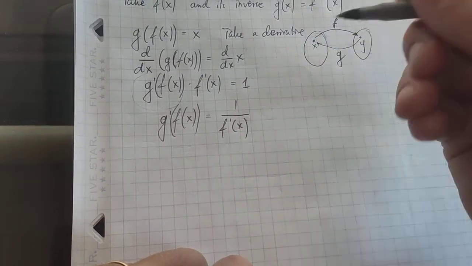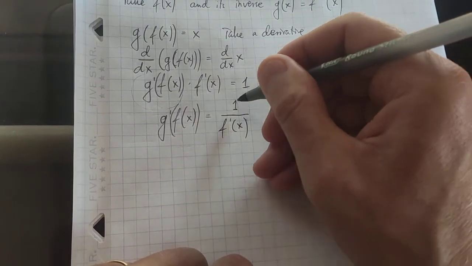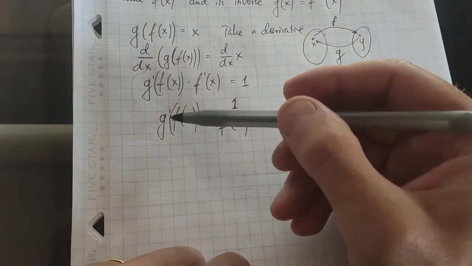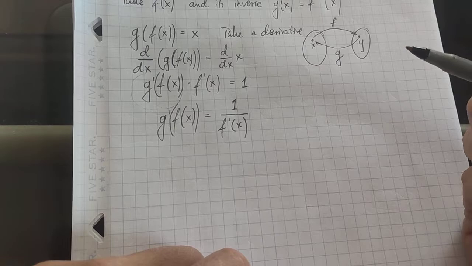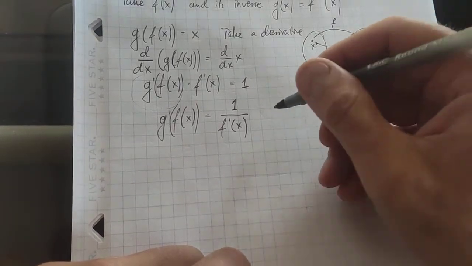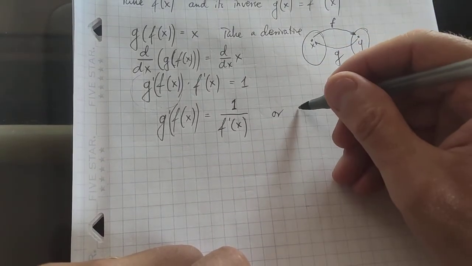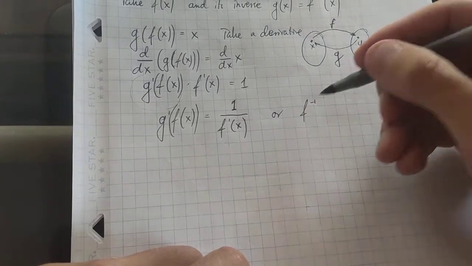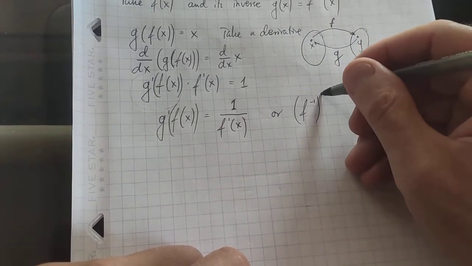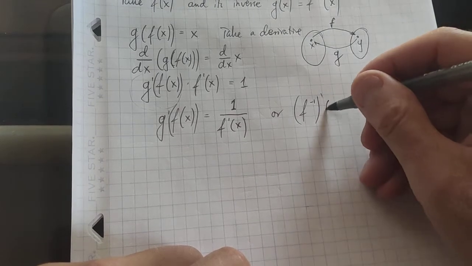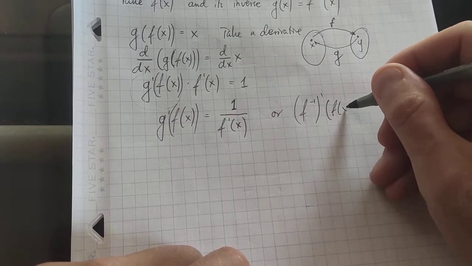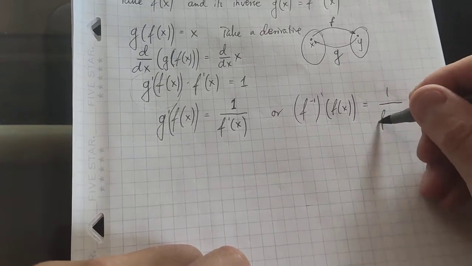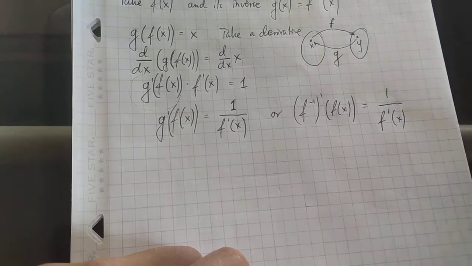Okay, so this is what we were after. Now we have a formula to find the derivative of the inverse. We could also write it like this, that's how it is in your textbook, I think. The derivative of the inverse of f of x is 1 over f prime of x.